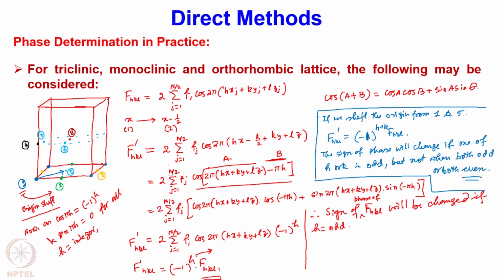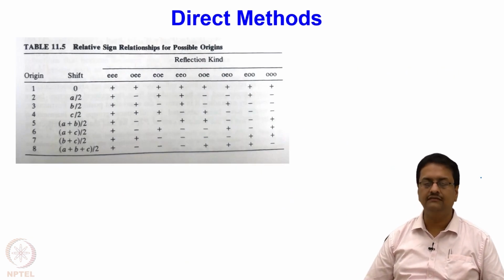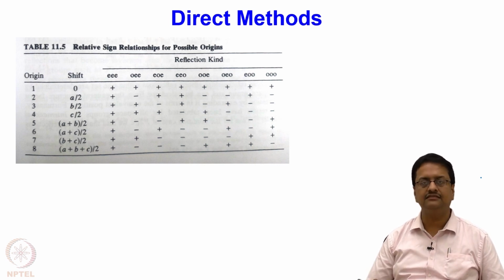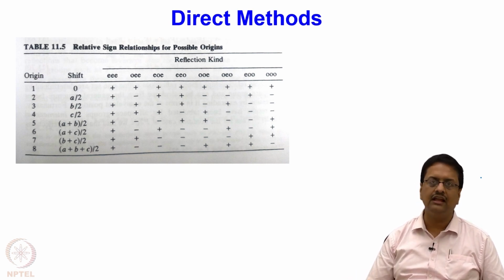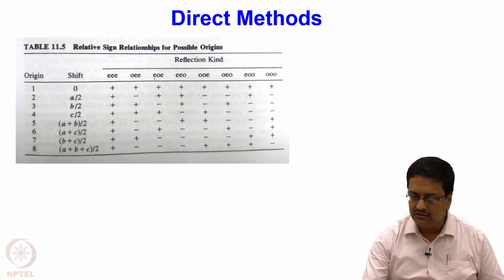So these signs or symbols of these phases will help us in guiding to guess the correct phases of various reflections. Here we have a particular tabular form where we have listed what should be the signs of phases of various sets of reflections with the values hkl, even, odd, even, like here.